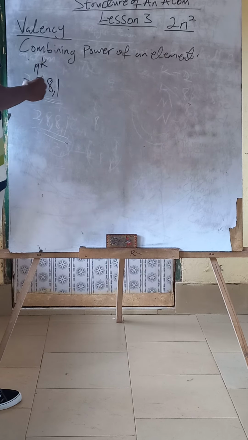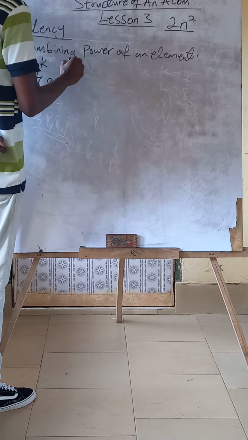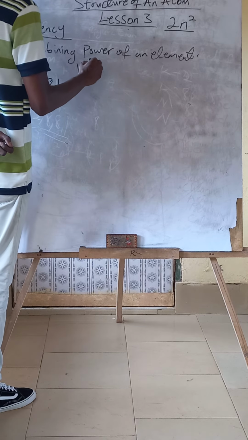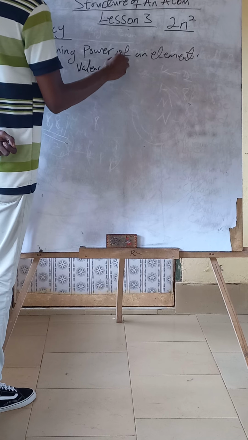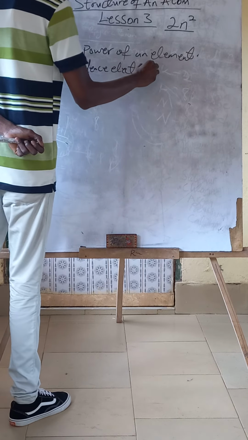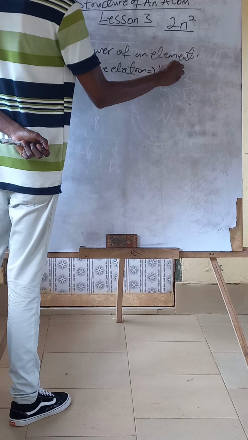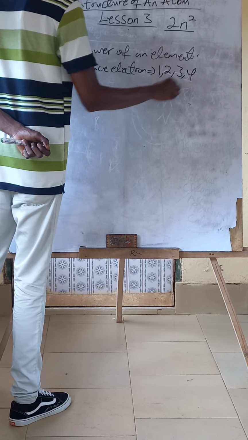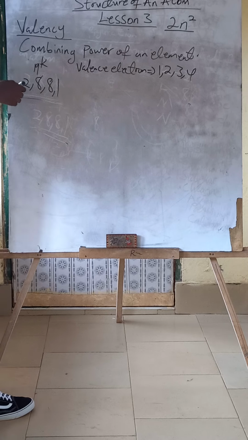When you write this electronic configuration and the valence electron of the element is 1, 2, 3, or 4, that automatically becomes the valency of that element. So over here, the valence electron for potassium is 1.